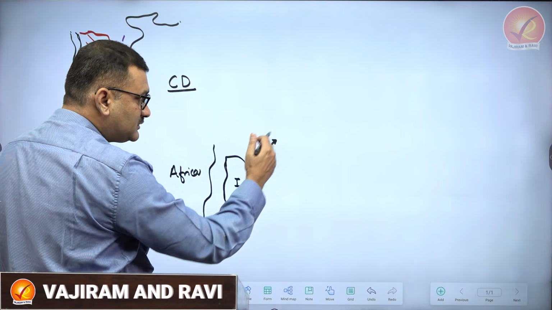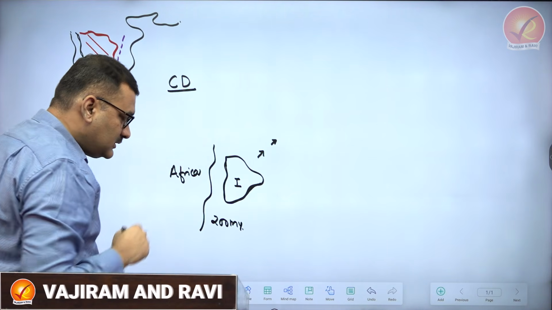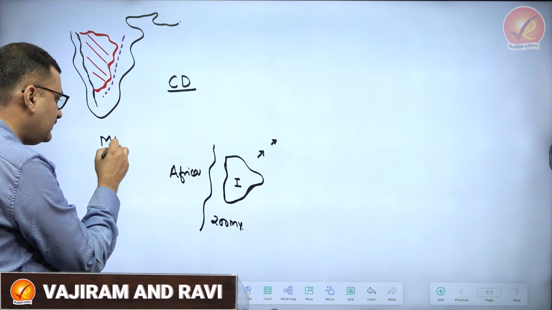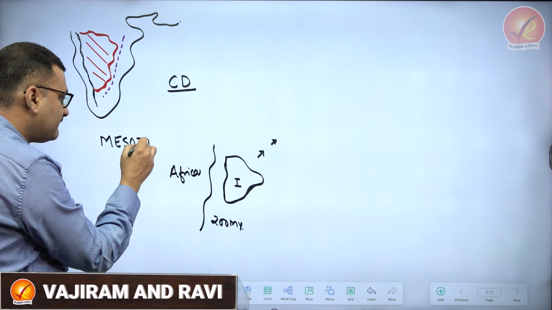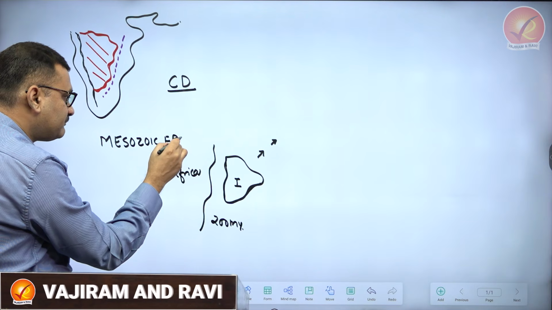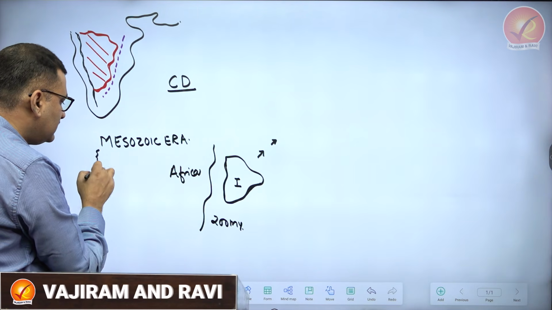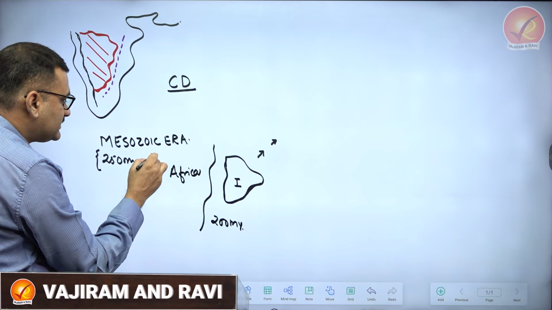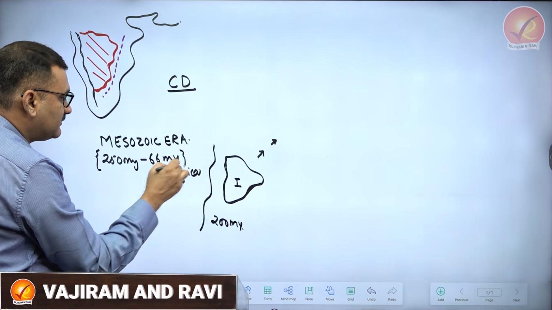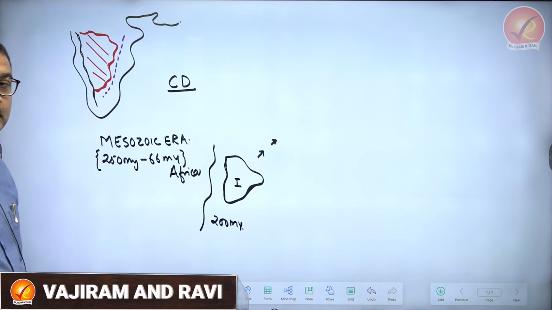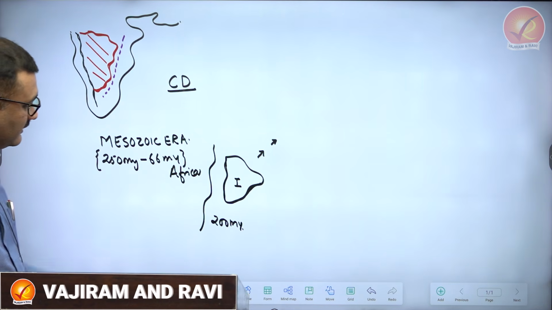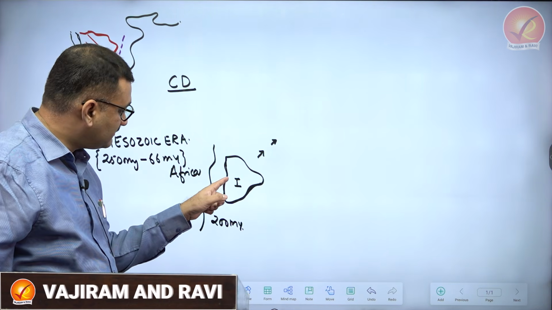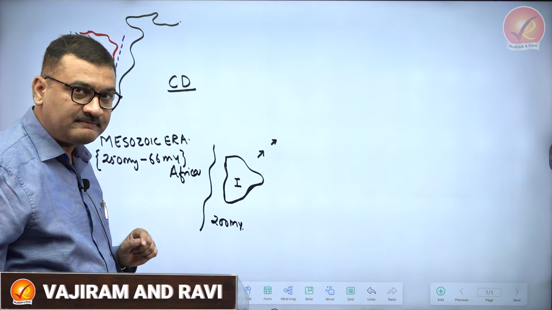So this landmass was moving towards the north. What is the period of formation of this? This is during the Mesozoic era. The Mesozoic era is from 250 million years to 66 million years. This was the time period of the Mesozoic, and the Indian landmass was created during the Mesozoic. It was the separation of India from Africa.